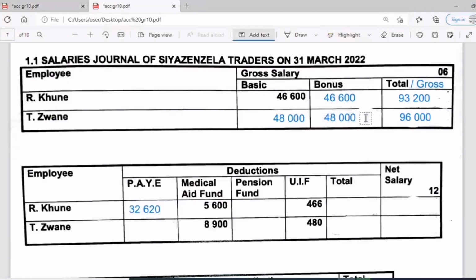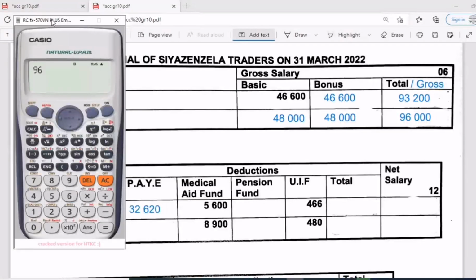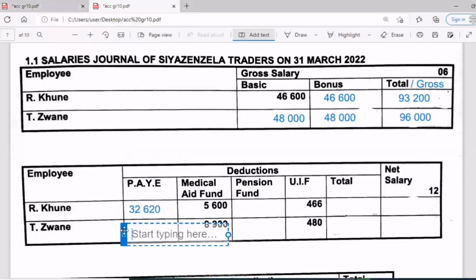So 38% of 96,000, you punch that in your calculator. 96,000 multiplied by 38% gives us 36,480. This is the pay as you earn for Zwane.